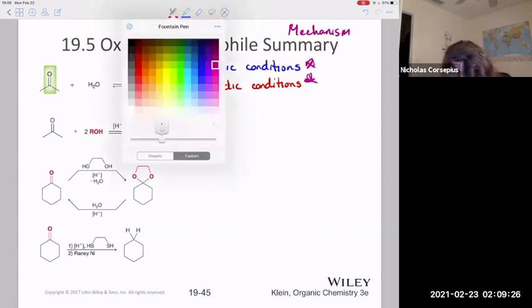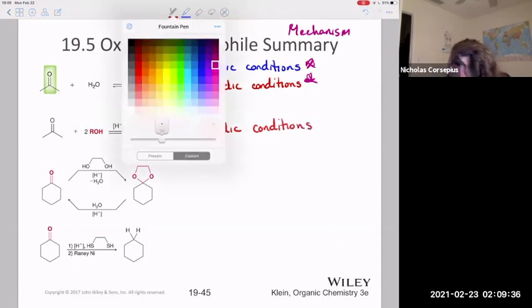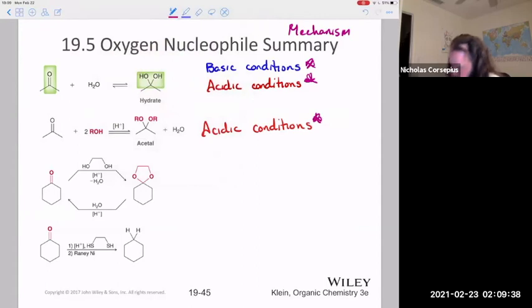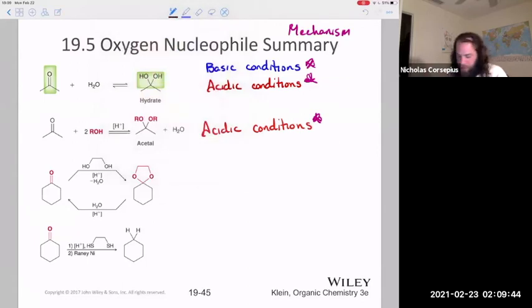All right, for our acetyl formation, these are under acidic conditions. And again, yes, you should know the mechanism. This particular reaction here was just acetyl formation, but it was a cyclic acetyl.